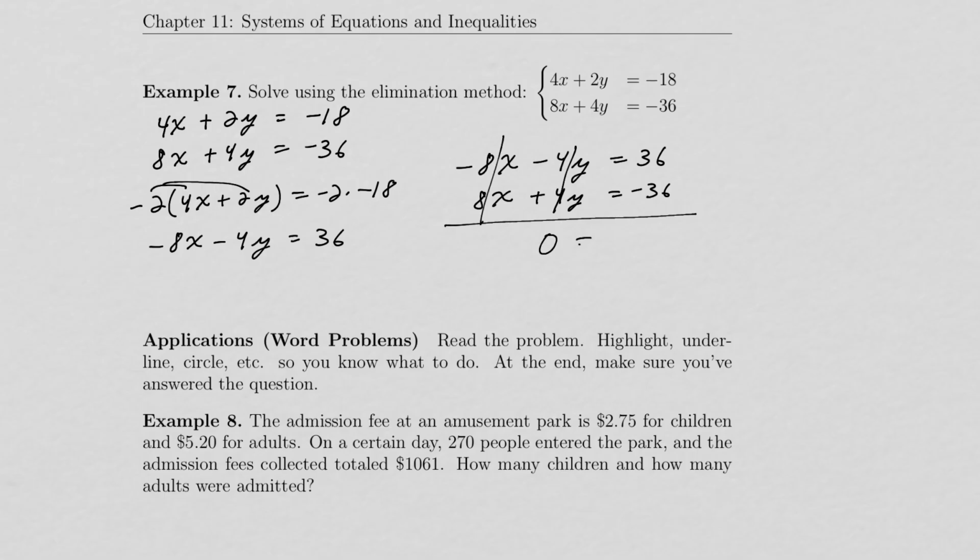I get 0 is equal to, and on the right-hand side, the constants are eliminated, right? 36 plus negative 36 is 0. So this 0 equals 0 is always true. So what does that mean in terms of solutions? It means that there's actually an infinite number of solutions.